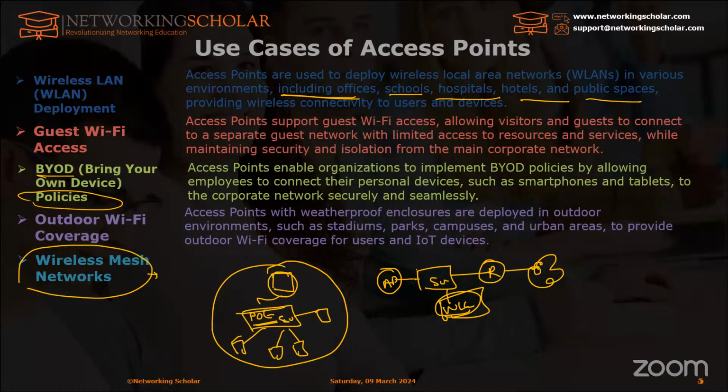So what it will do: if we have enabled mesh technology on both of the access points, then AP2 will capture the signal from AP1, connect with AP1, and share the traffic and the network to these devices, and these users can communicate to the internet without wire.